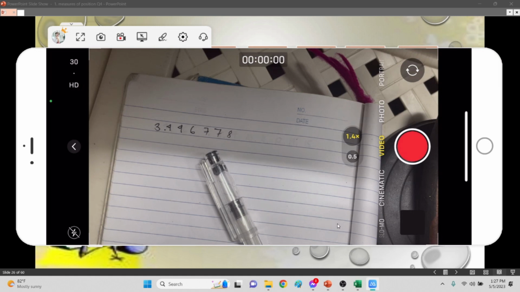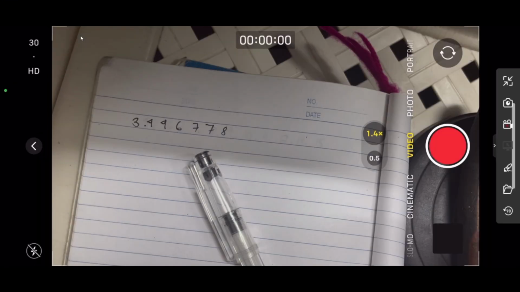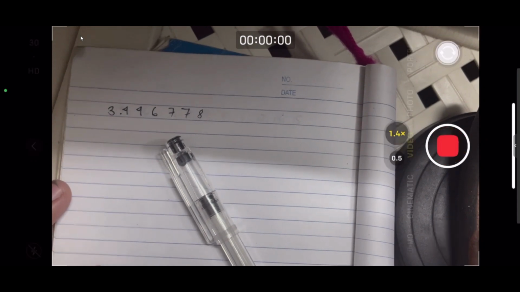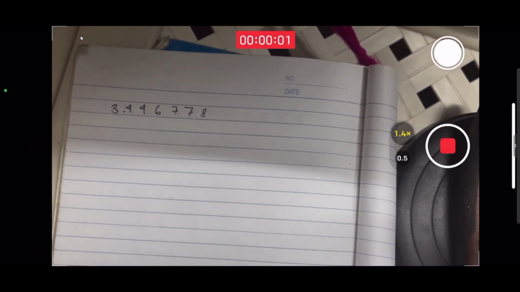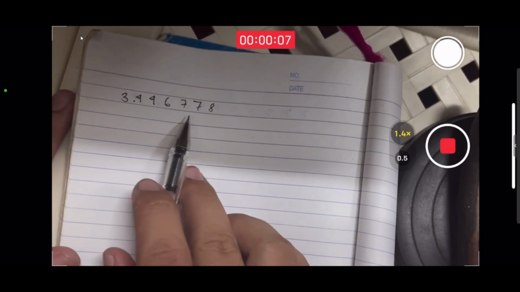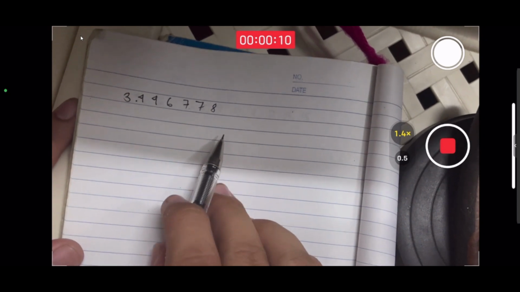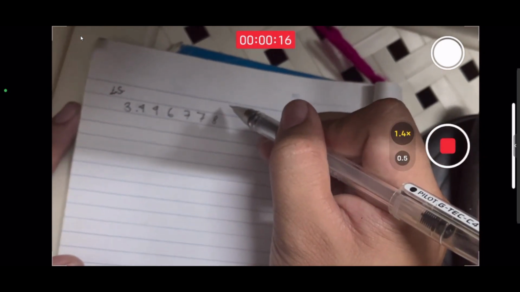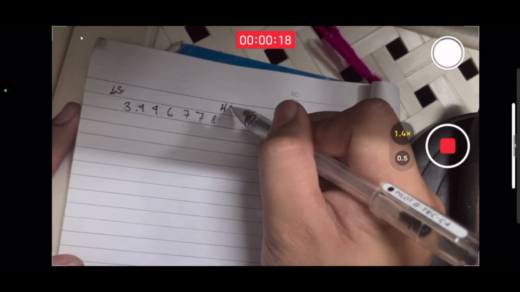Let's show our solution using the AP mirror, and I use my ball pen to answer those quartiles. Let me record also, baka my phone will shut down anytime. So our arrangement here is 3, 4, 4, 6, 7, 7, 8, in increasing order. This will be your lowest score, and this will be your highest score.